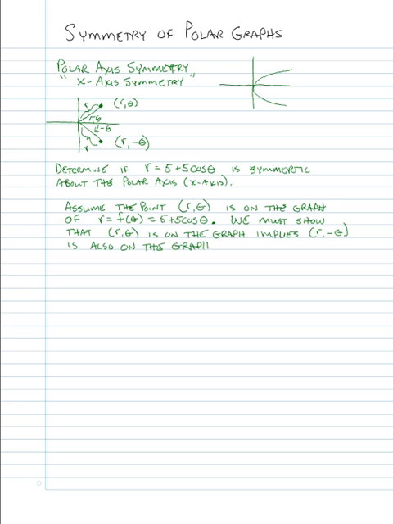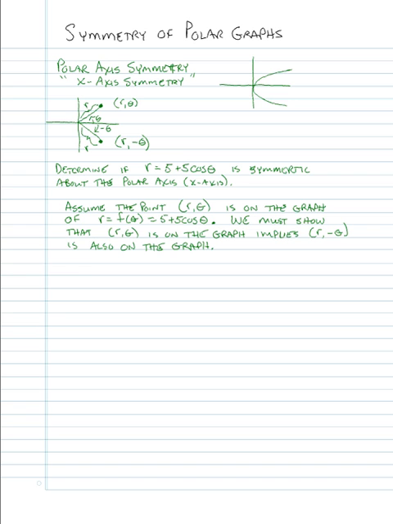I'm going to a lot of trouble to show this because it will pay big dividends later on. So what that means is when we put negative theta into the function, then we would get an r out.